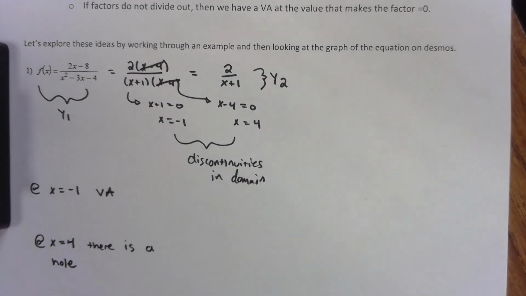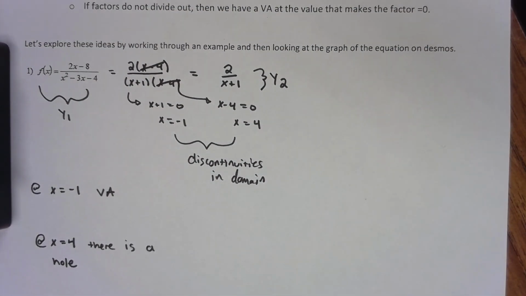Okay, so our first function is 2x minus 8 divided by x squared minus 3x minus 4. And then our simplified function is 2 divided by x plus 1.